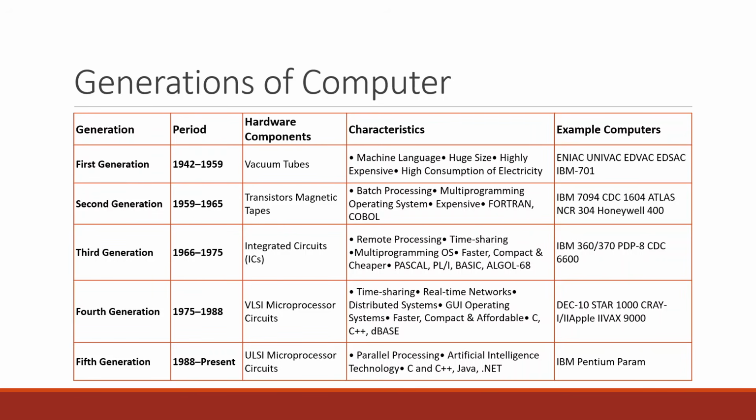The third generation runs from 1966 to 1975. In the third generation, they used integrated circuits as hardware components to build the machines. Programming languages introduced were Pascal, PL/I, Basic, and Algol 68.